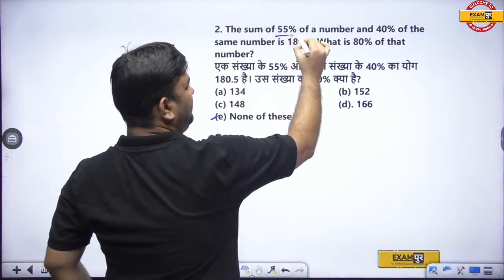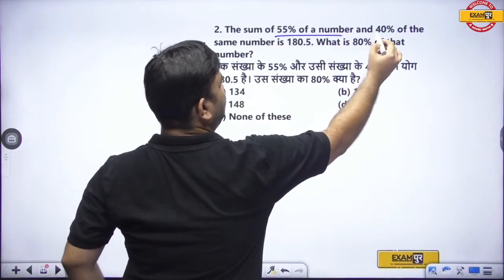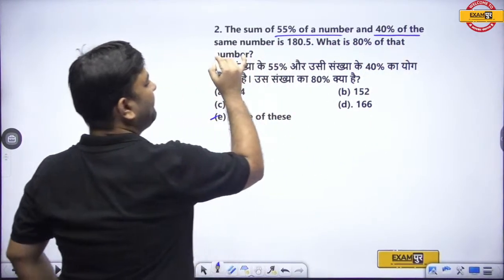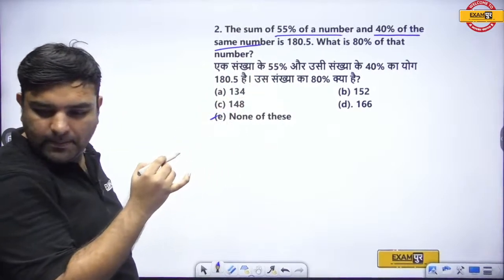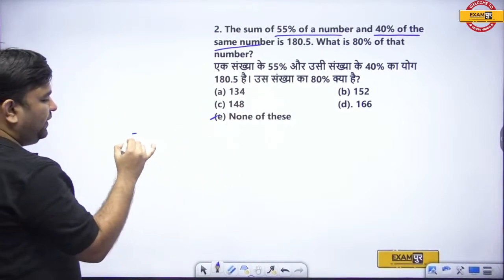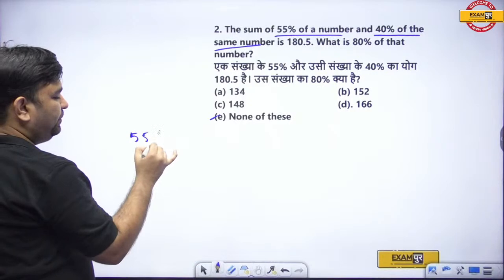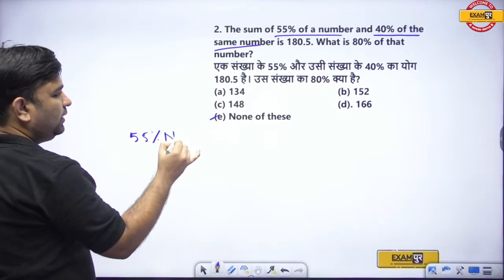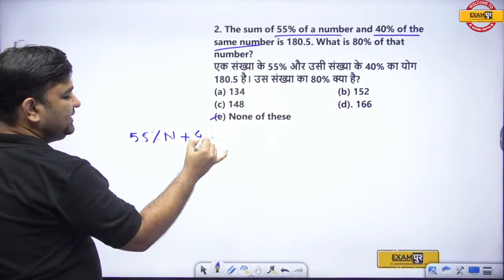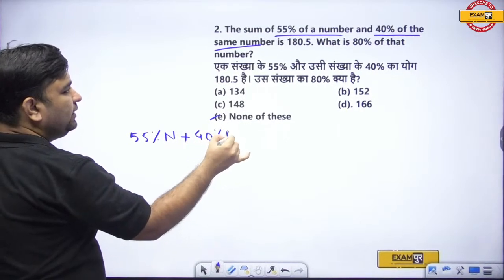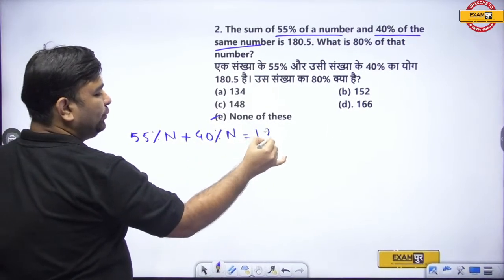Sum of 55% of a number and 40% of the same number. So 55% of a number plus 40% of the same number is equal to 180.5.